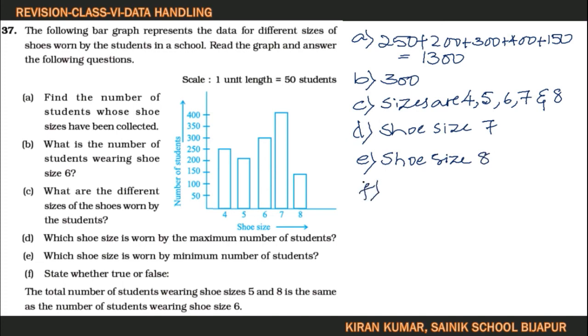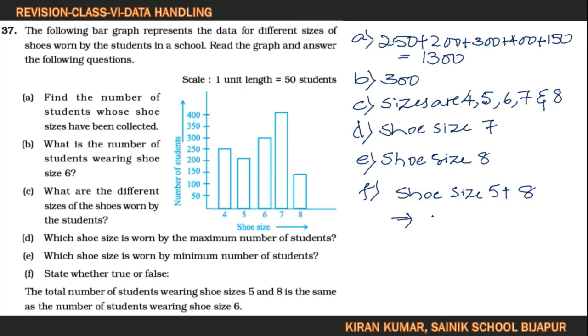And the last, state whether true or false. The total number of students wearing shoe size 5 and 8 is same as the number of students wearing shoe size 6. Shoe size 5 and 8 will be, what is the shoe size of 5?